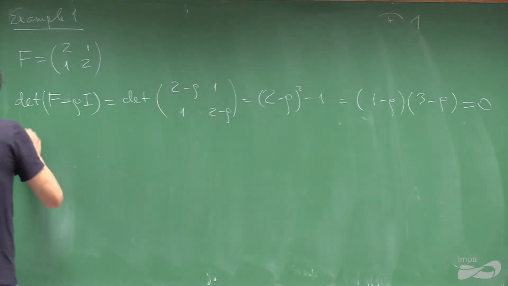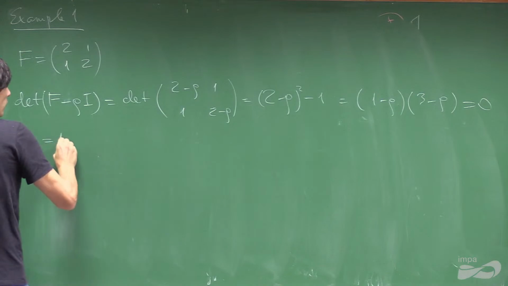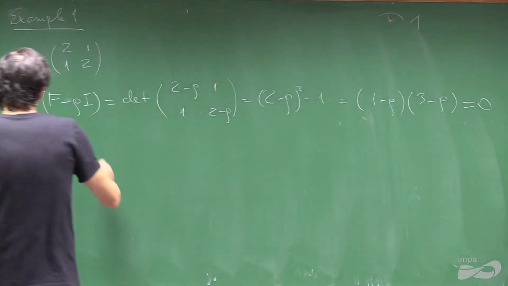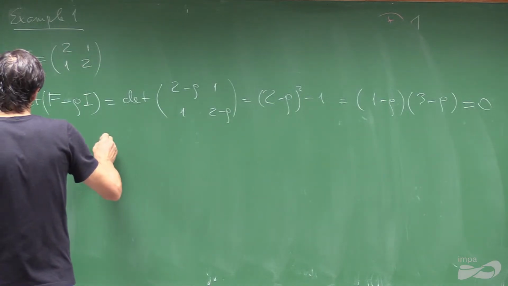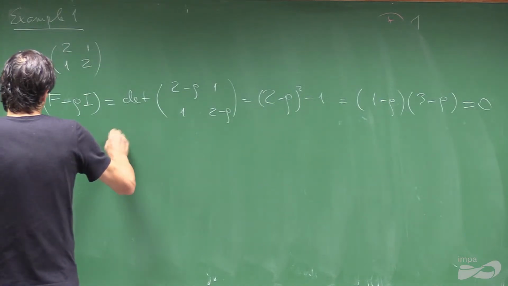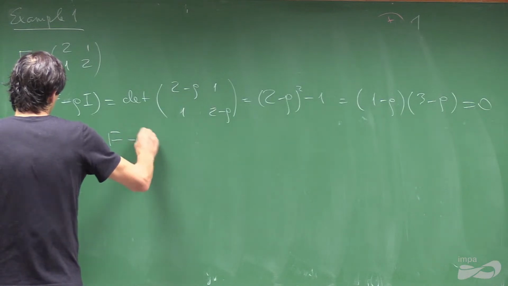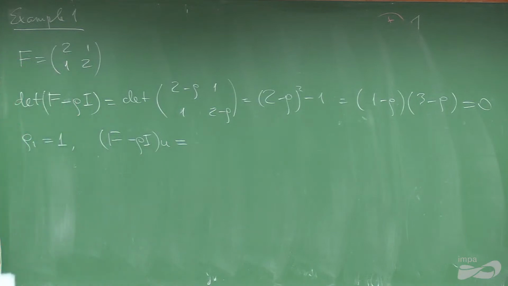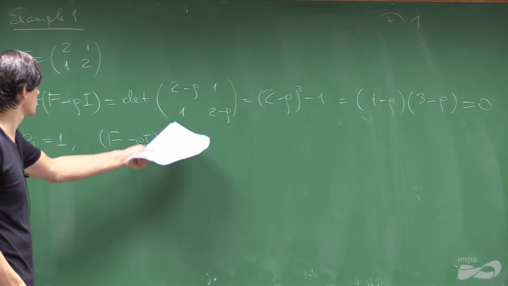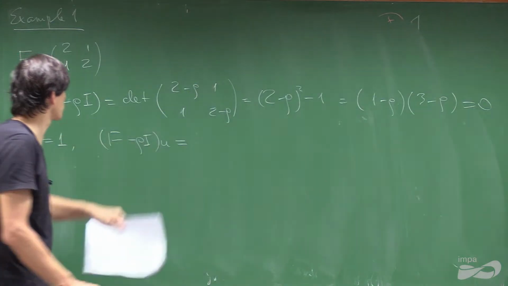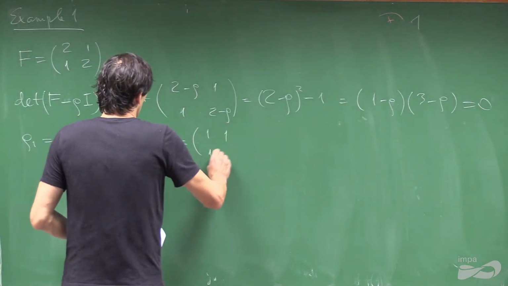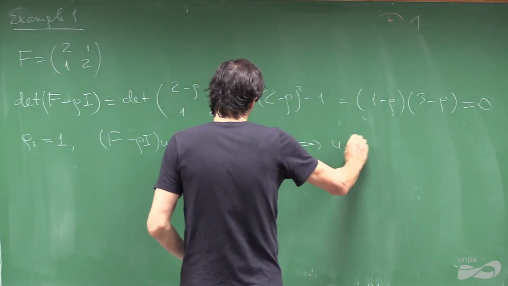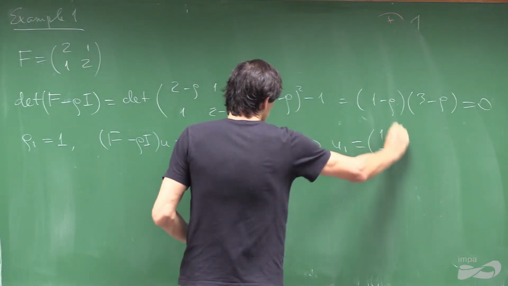So you get two solutions, rho 1 equal 1, and rho 2 equal 3. For the first root, we can define the eigenvector from the expression. So you essentially subtract 1, so it will be 1, 1, 1, 1 times u equal 0. So then we get the eigenvector u1, which is 1, minus 1.